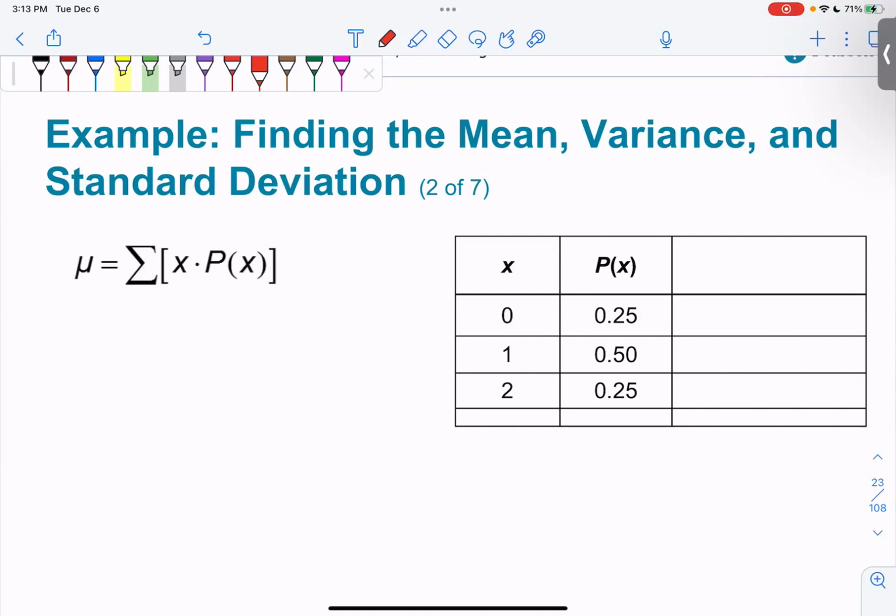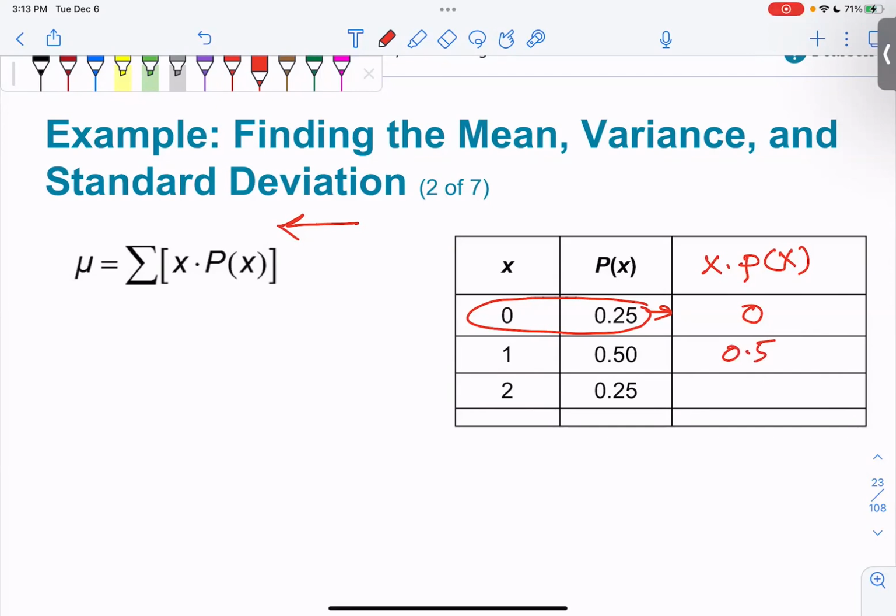So x times probability of x. The first one is 0, right? The second one will be 1 times 0.5 equals 0.5.